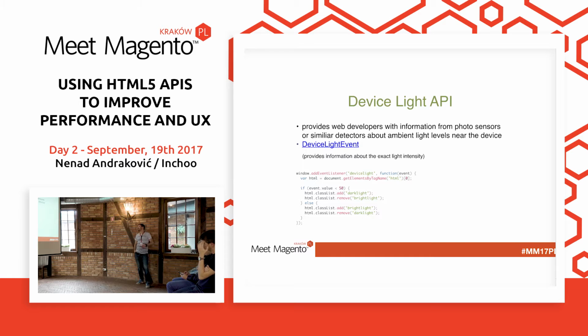Device light. Yes, with the sensors we can detect the environment, we can detect the intensity of the light. This is also something that can be done pretty easily, and it can be a good UX addition to the site. You can observe, I think by default, 4 states: 100%, 50%, 25%, 0.